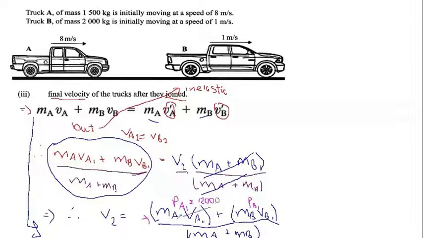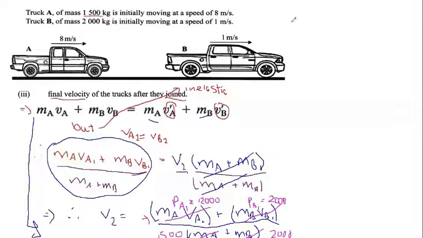And the initial momentum of truck B was 2,000. And our masses, the mass of truck A is 1,500, and the mass of truck B is 2,000.